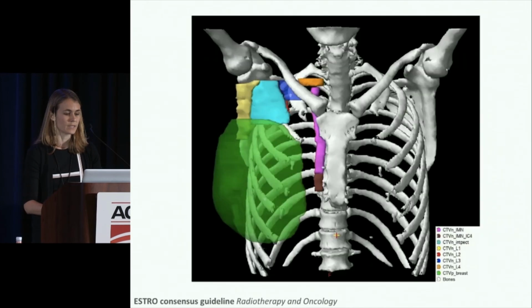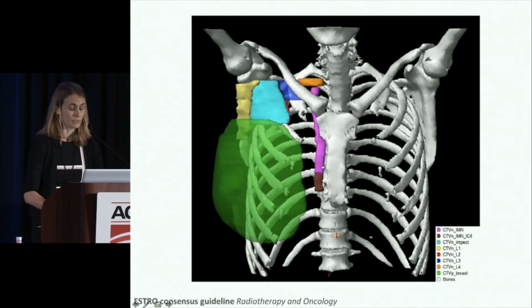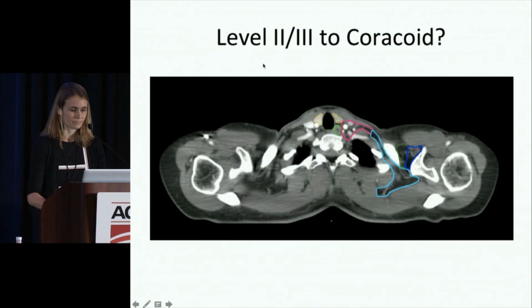So the next question is level 2 and 3, whether or not to cover, how high to cover, essentially. ASTRO does not go, so the definition that you'll see in some places uses the insertion of the pec minor, which inserts on the coracoid process, which, to remind us, is below the acromioclavicular joint, which in 3D conformal could be a margin or where the block edge goes.